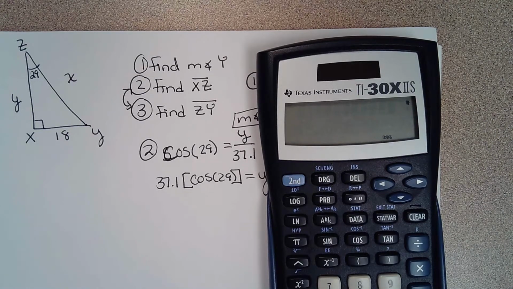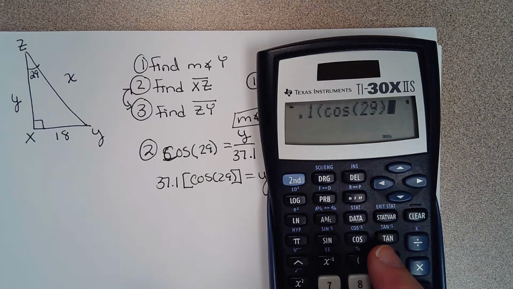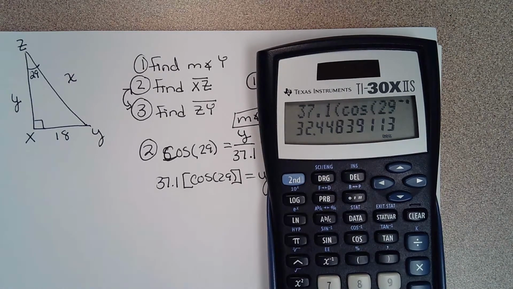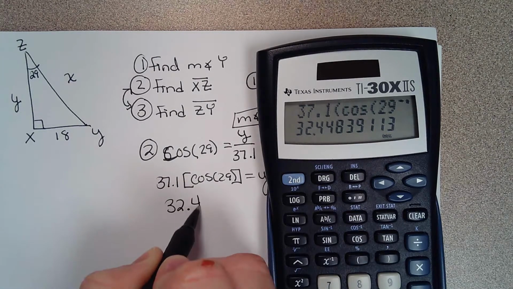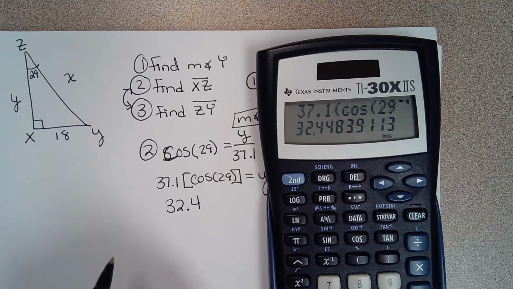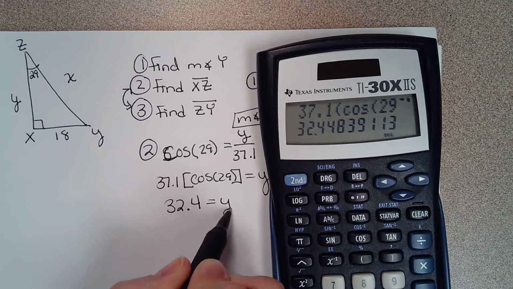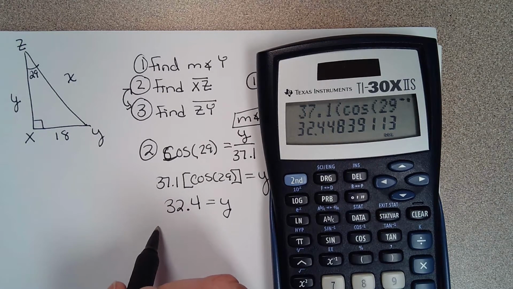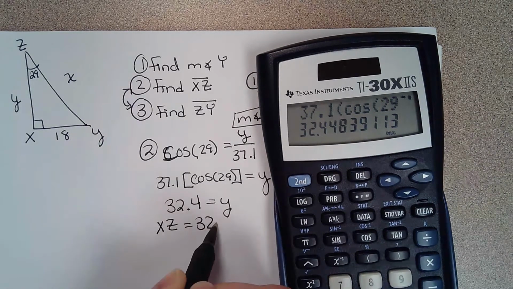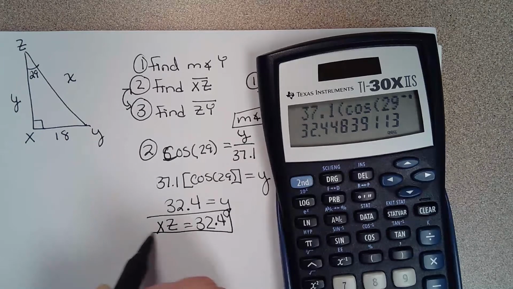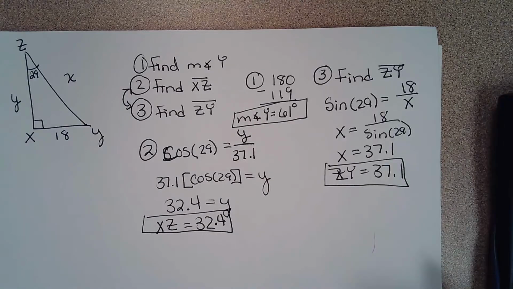So 37.1 parenthesis cosine 29 equals. So it's going to give me 32.4. And that is what y equals. So xz is going to equal 32.4. So there are your 3 answers that you are looking for problem 10.